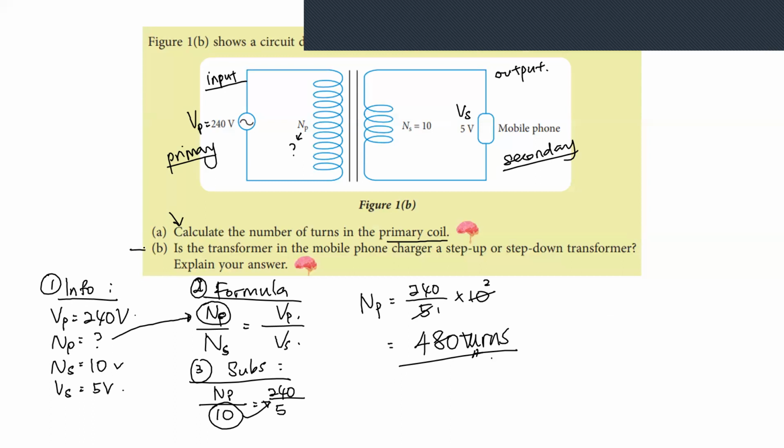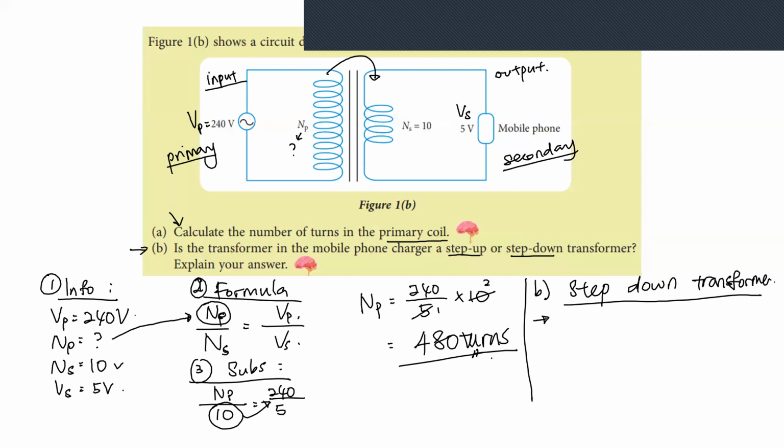Alright, so B. Is the mobile phone transformer step up or step down? Answer is step down. It is a step-down transformer. Why do you say so?